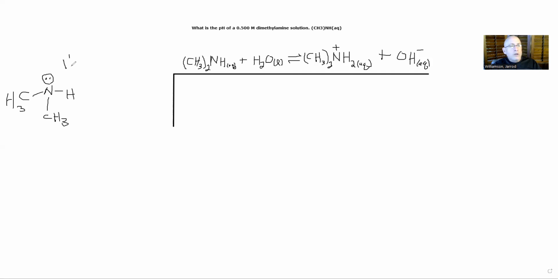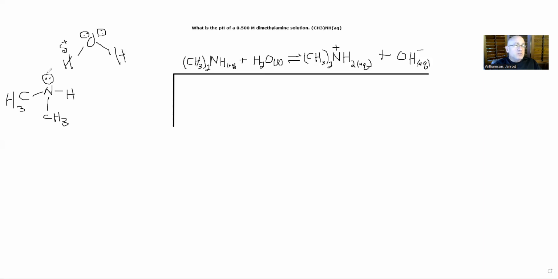Then I've got water, which is a bent molecule, and I've got my lone pair of electrons here, and a lone pair of electrons there. This hydrogen is electropositive, because the electrons in this covalent bond are kind of hogged away from it, since oxygen is more electronegative than hydrogen.